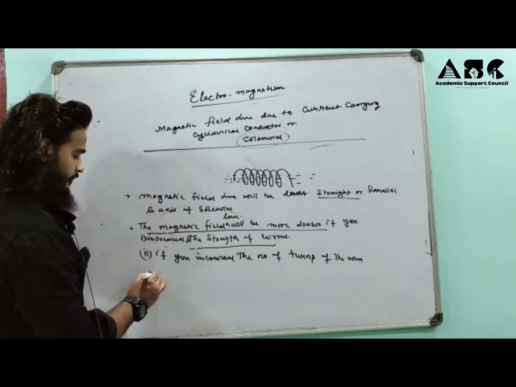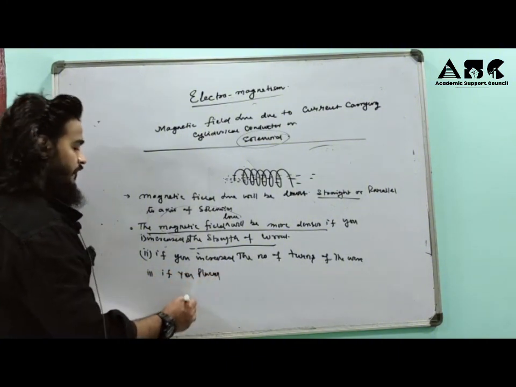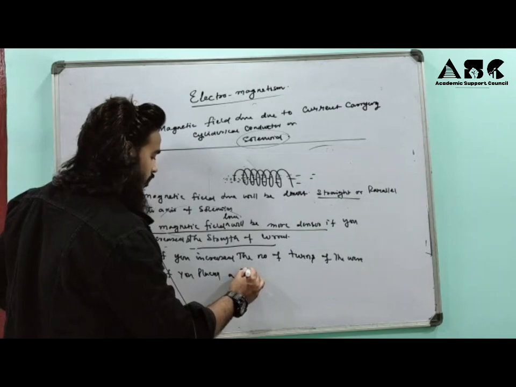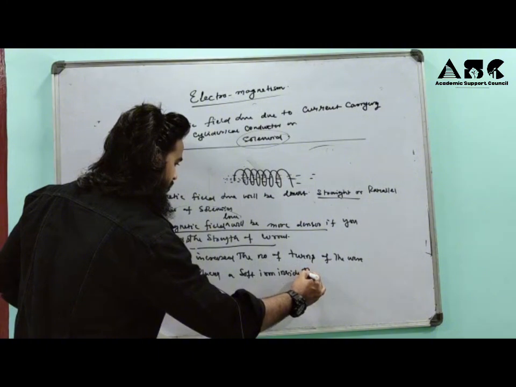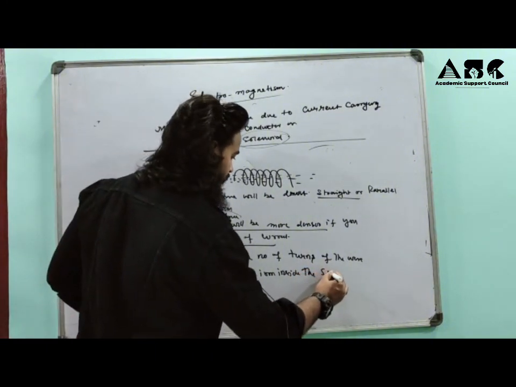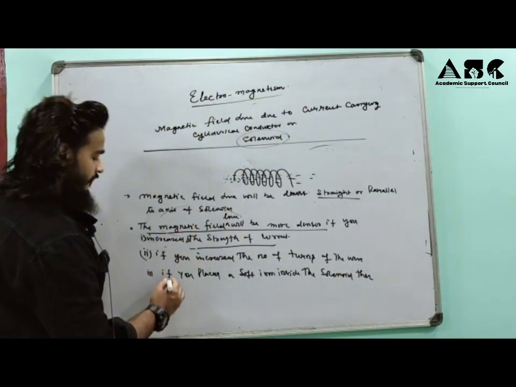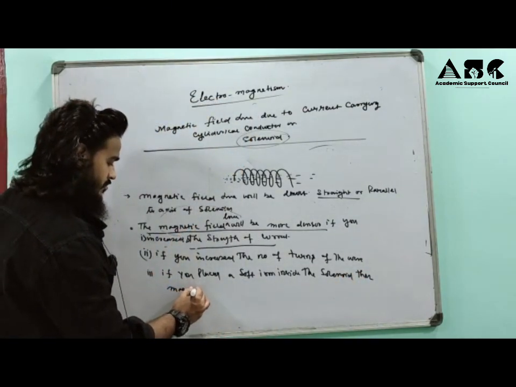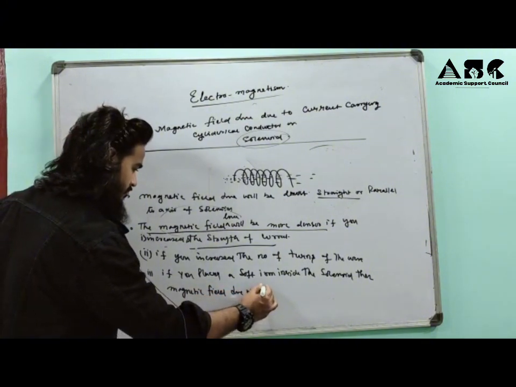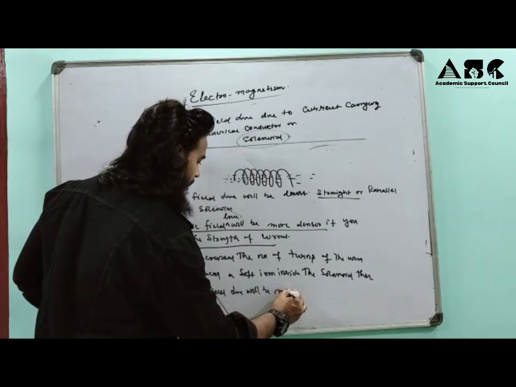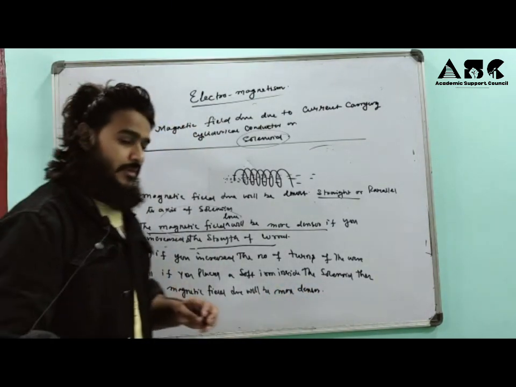And number 3, if you place a soft iron inside the solenoid, then the magnetic field lines will be more dense. I hope these points are clear.